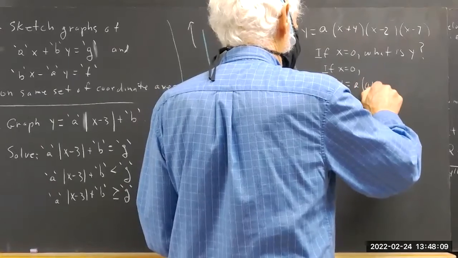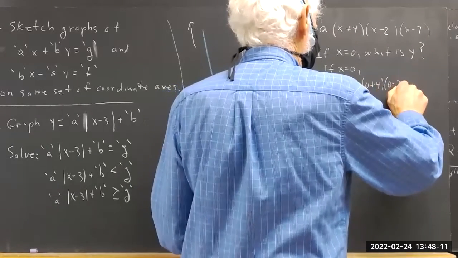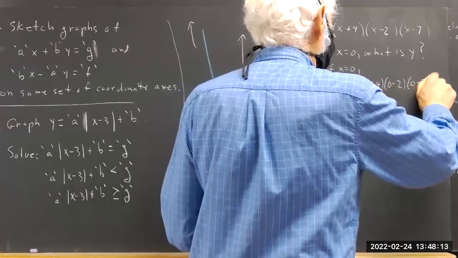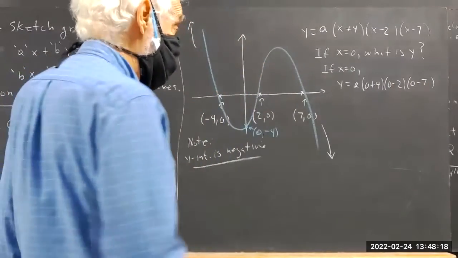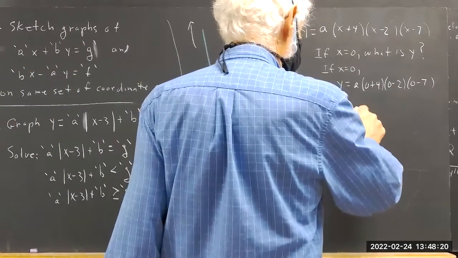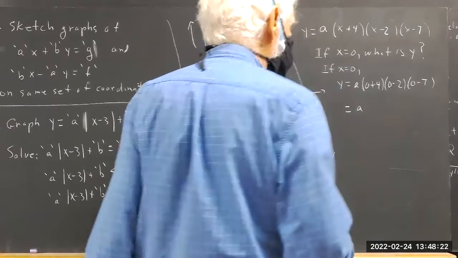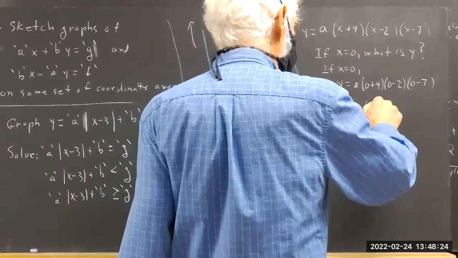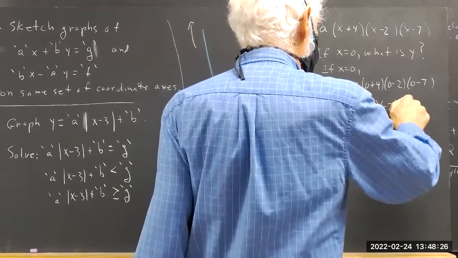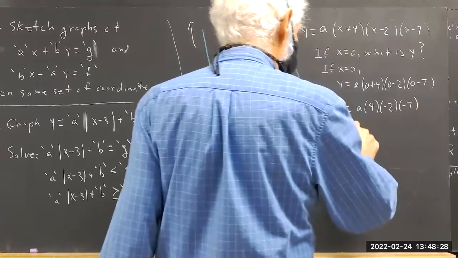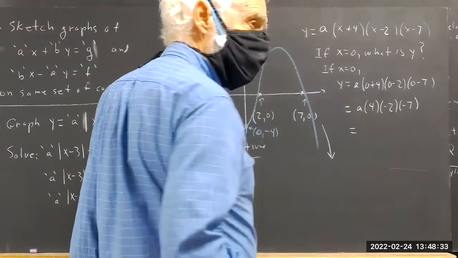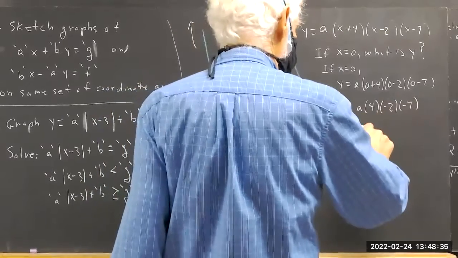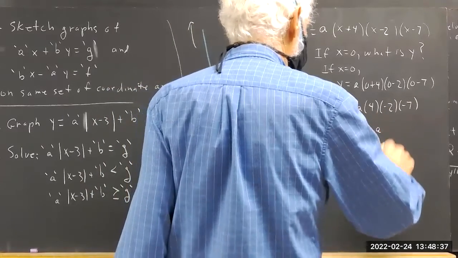A times 0 plus 4 times 0 minus 2 times 0 minus 7. Of course, that means you have A times 4 times -2 times -7, which equals 4 times -2 is -8. Multiply that by -7, you get 56. You get 56A.